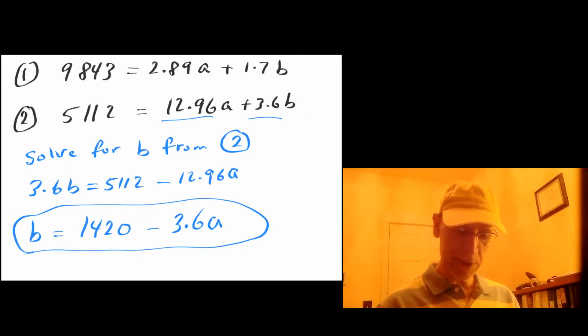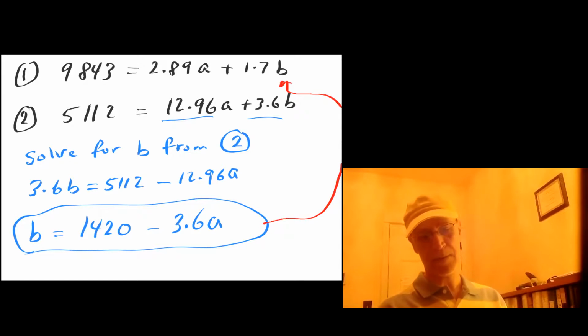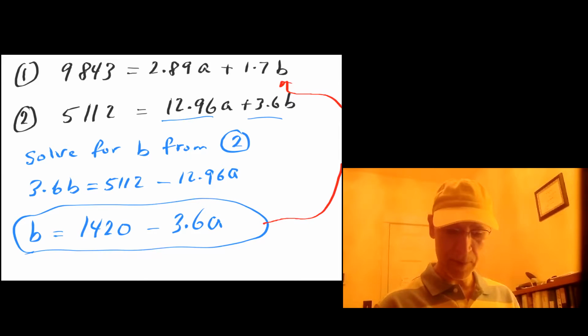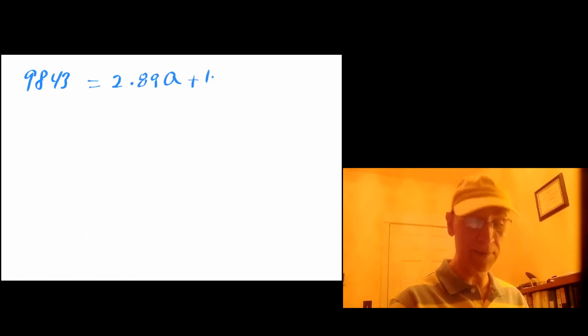So now I'm going to take this b and substitute it into equation 1. Let me go to the next page. I have 9843, that was my first equation, equals 2.89 times a plus 1.7 times b.